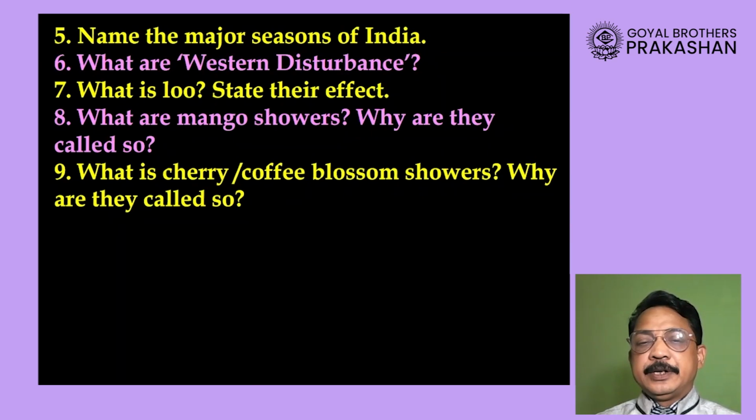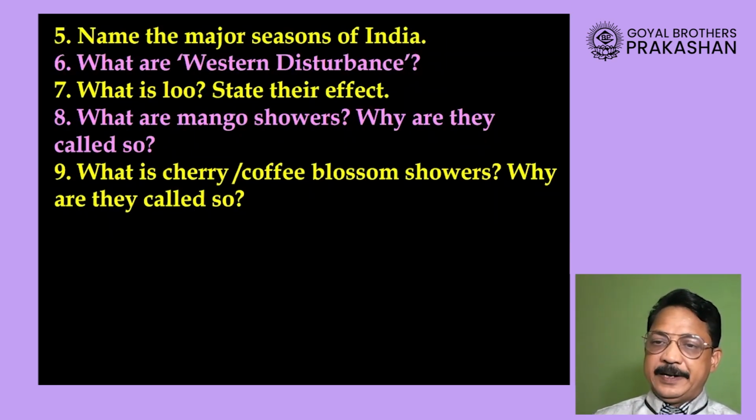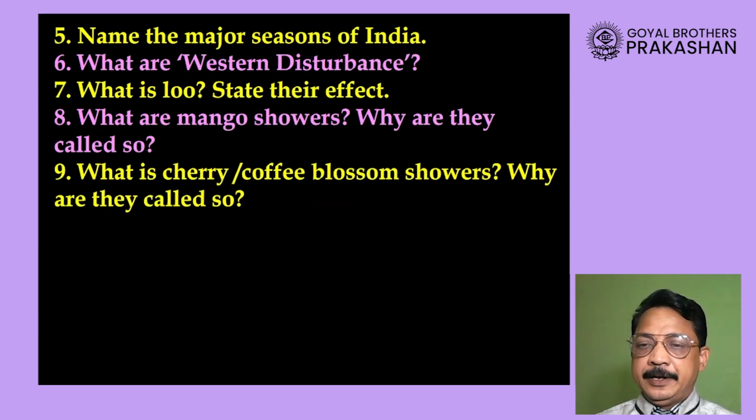The next question is what is cherry or coffee blossom? Or they are also called cherry or coffee shower. The answer is the cherry or coffee blossom are again the pre-monsoon winds that arrive in Kerala and in Karnataka region.